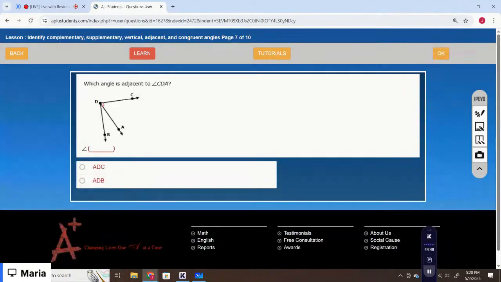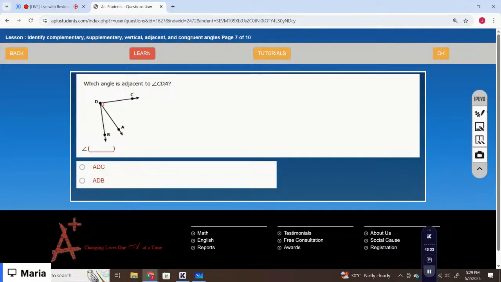Which angle is adjacent to angle CDA? That is angle ADB.